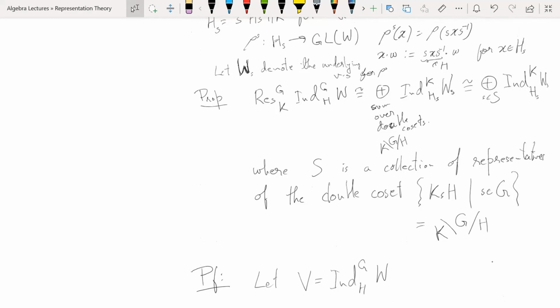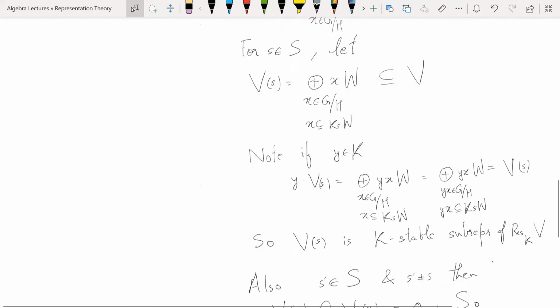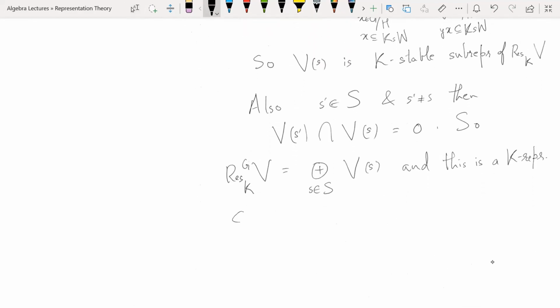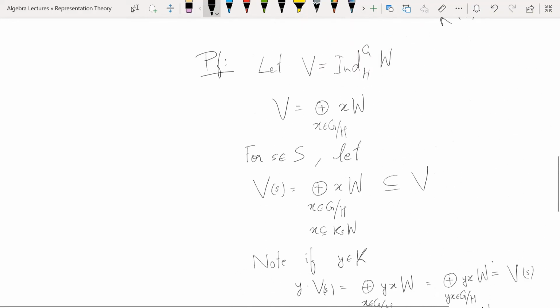We want to show that these are the K representations we want. So it is enough to show that Vs is isomorphic to the induced representation from K intersect sHs inverse to K of this representation Ws, which was defined here.